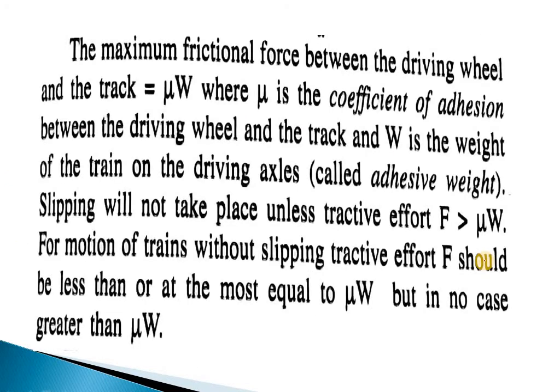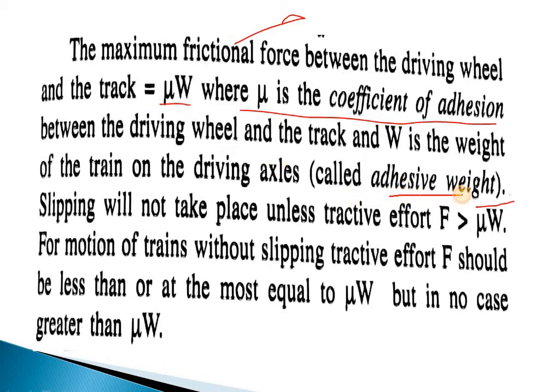The maximum frictional force between the driving wheel and track is mu W. Here it is written mu W, where mu is the coefficient of adhesion between the driving wheel and the track, and W is the weight of the train on the driving axles, called adhesive weight.